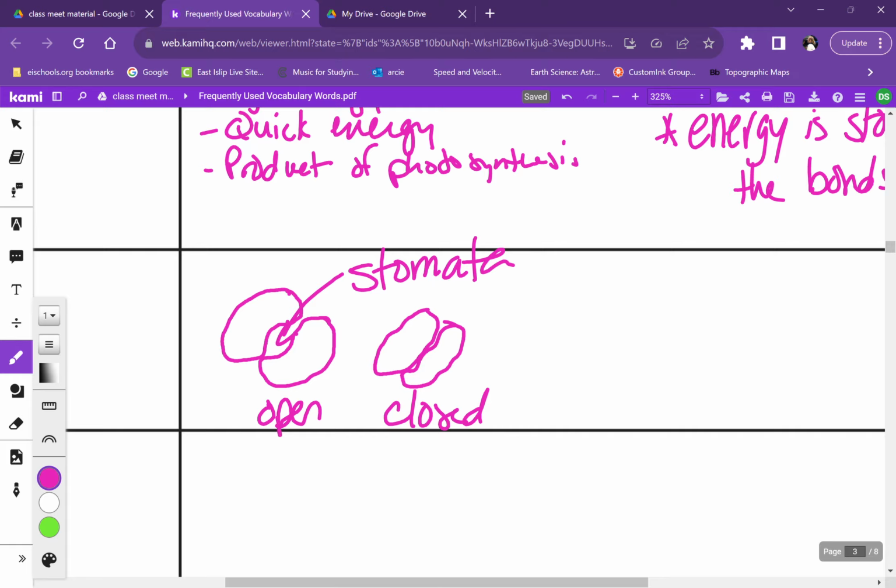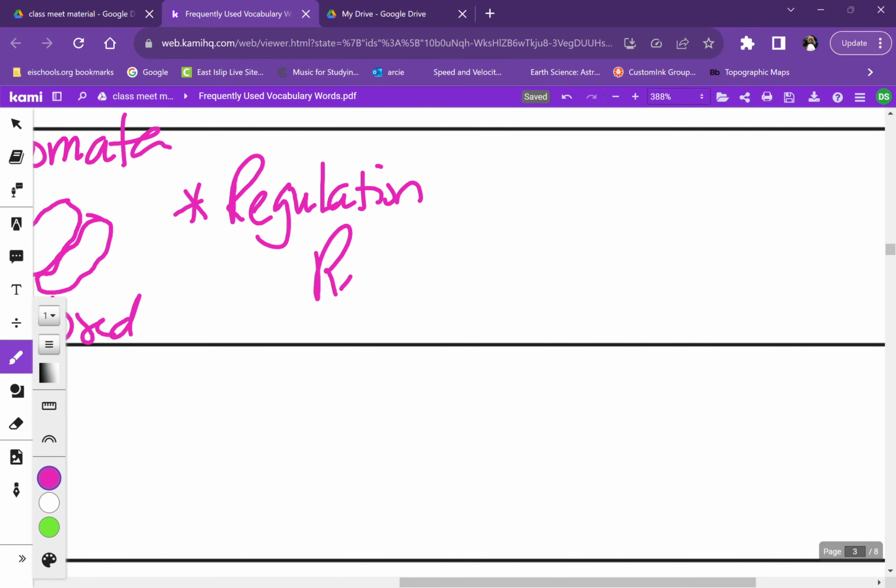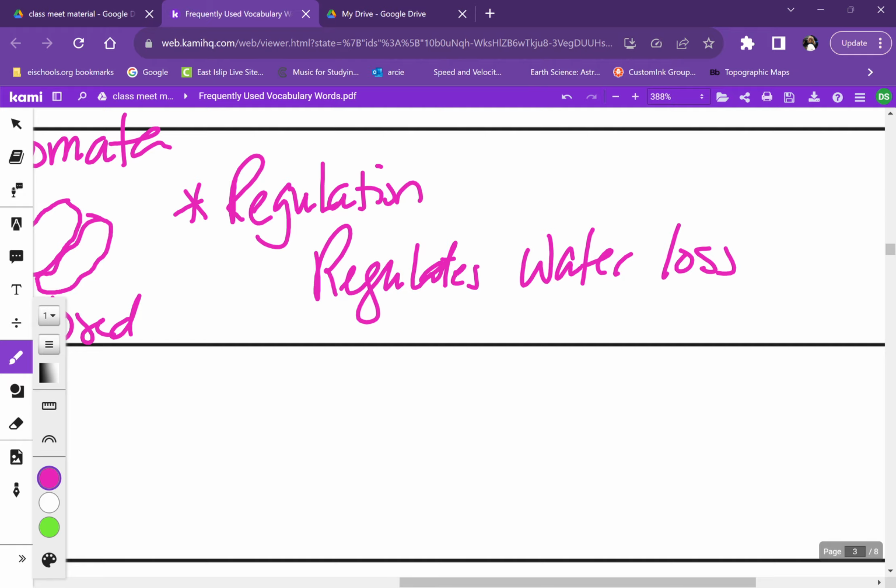Any one of those words works. And the whole point about the guard cell is regulation. That's the life process that it's taking care of because it regulates water loss. That's how they open and close.